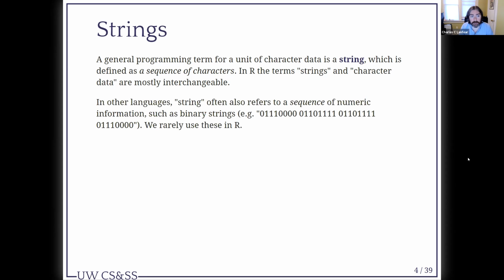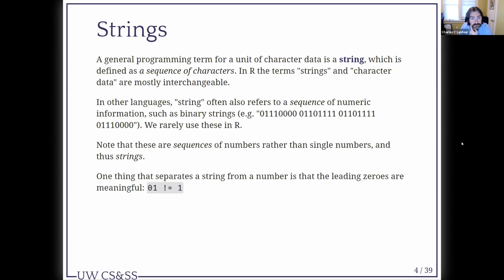In other languages, string is often used to refer to sequences of numeric information, the most common of which are binary strings, like sequences of zeros and ones. We rarely work directly with binary strings or numeric strings like this in R. We will occasionally, but not too often.